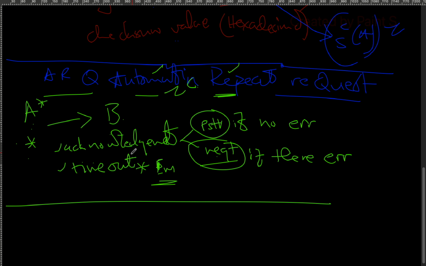A positive acknowledgement will indicate that there is no error in the data, but a negative acknowledgement will indicate that there's an error in the data. If the set time lapses without any response, A would then automatically send the same message again to B with the assumption that B has not received the information. Are we together? Any questions?